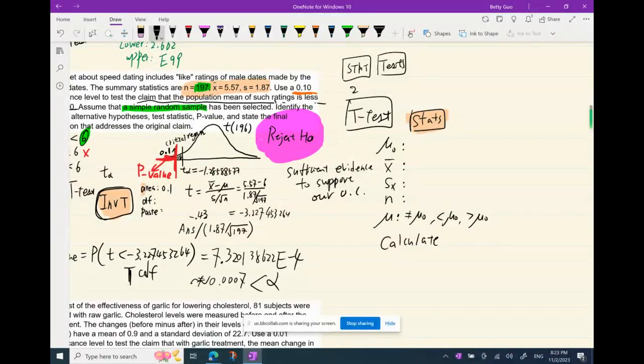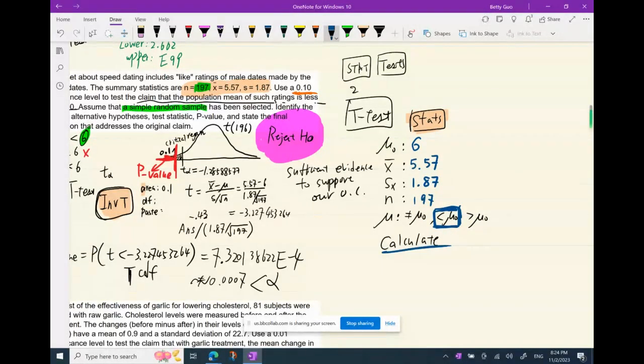Let's see what we enter for those variables. Mu sub 0 is 6, from the claim. X bar is given, 5.57. S sub x is also given, 1.87. N is also given, 197. You just enter everything there. We have a left tail test, so you have to confirm this one. Not just blinking. Make sure when you move to the next row it is really highlighted, selected, and then calculate.